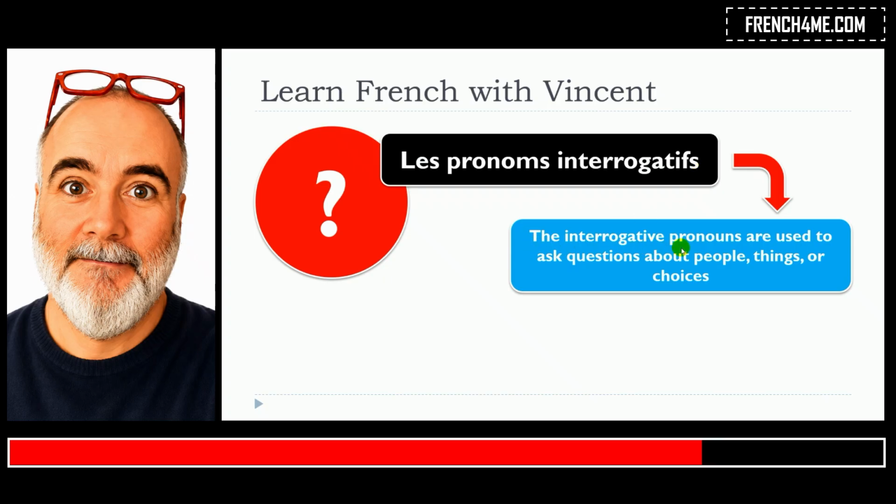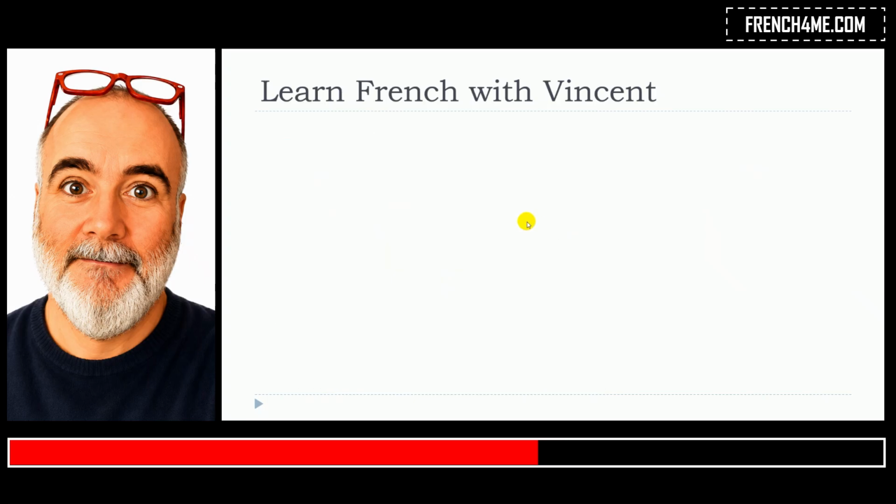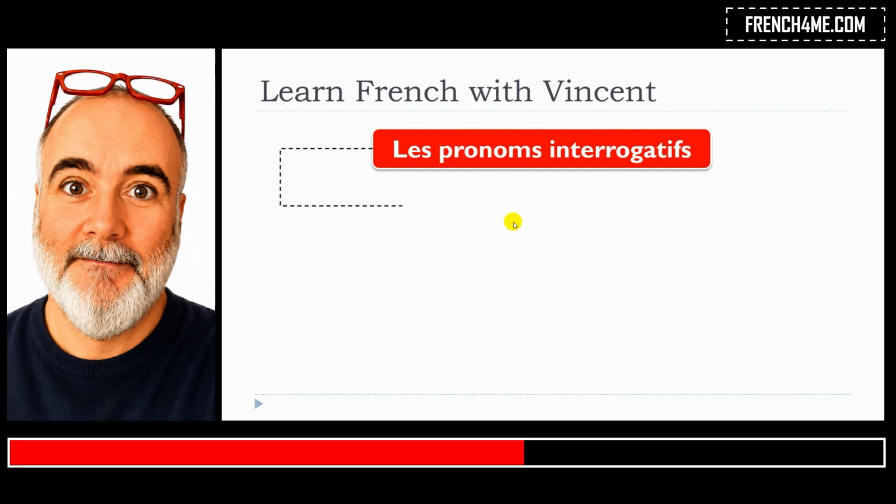The interrogative pronouns are used to ask questions about people, things, or choices. And the second thing, their usage depends on the type of information you want to inquire about. So, this lesson is about quelle.